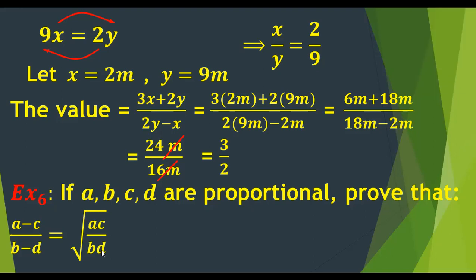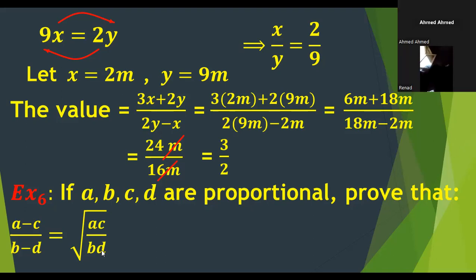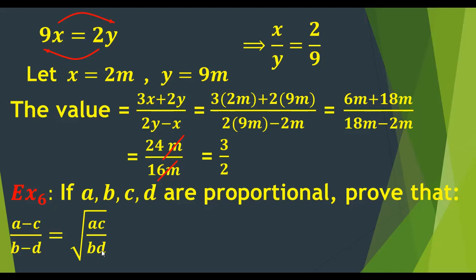To prove that left hand side equals right hand side, the first step, take right hand side or left hand side and simplify it as you can. So start by the left hand side: LHS equals (A minus C) divided by (B minus D).